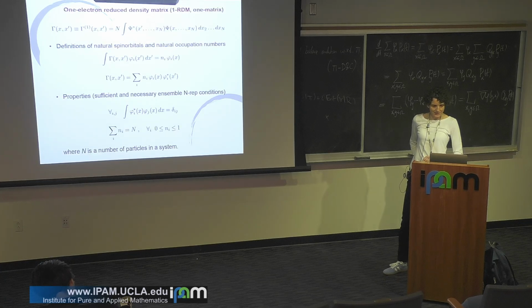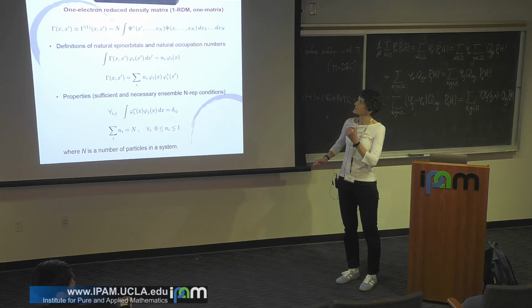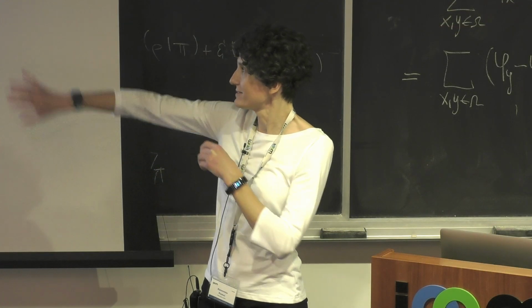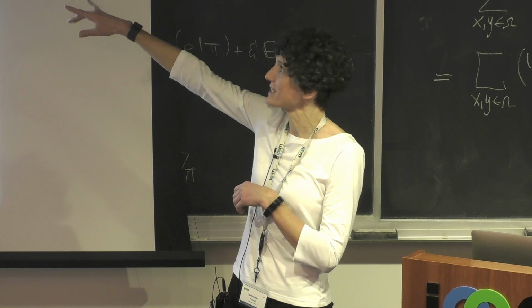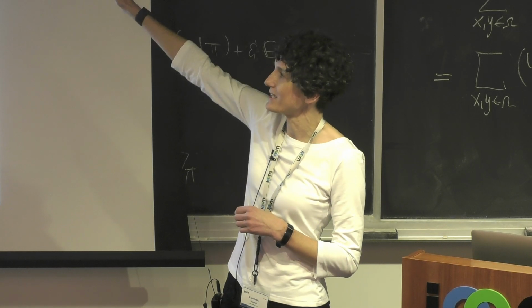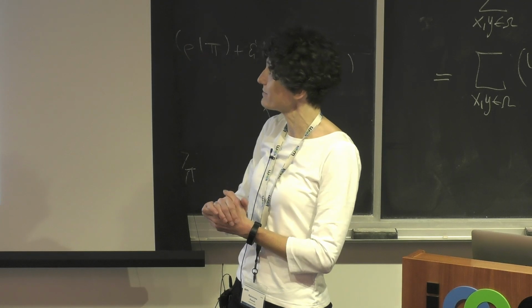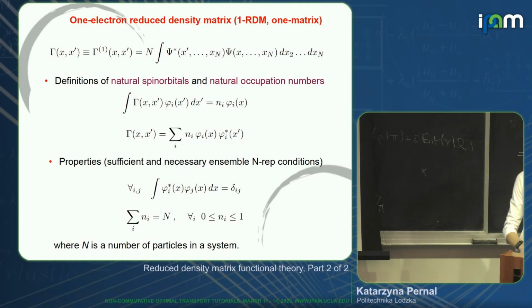Okay, so yesterday I was talking about 1 and 2 electron reduced density matrices and the functionals of the 1 RDM. As you know already, if you have a wave function, you can easily compute a 1 electron reduced density matrix by taking a contraction of the product of the wave function with the normalization to the number of electrons n.